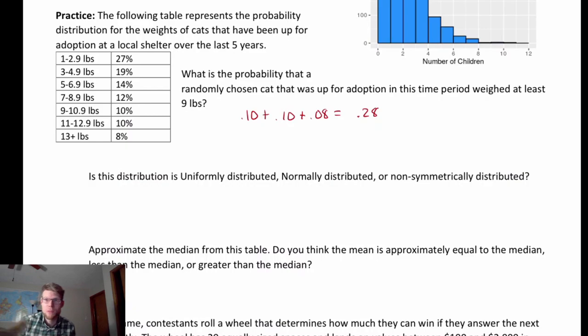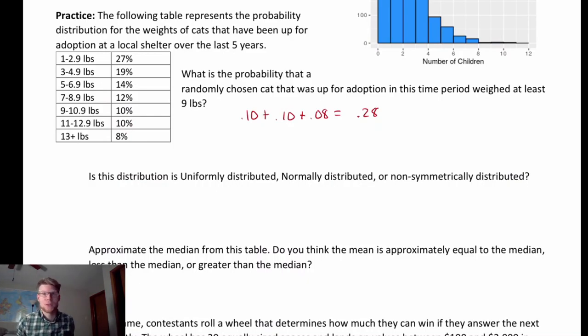So this distribution appears to be pretty non-symmetric to me because one thing that I'm going to notice here is that most of our data appears to be on the lower end, right? So most of our data is around 1 to 2.9 or 3 to 4.9, and the higher we get, the fewer cats that we see. And that's probably because at shelters, most of the cats are typically going to be kittens.